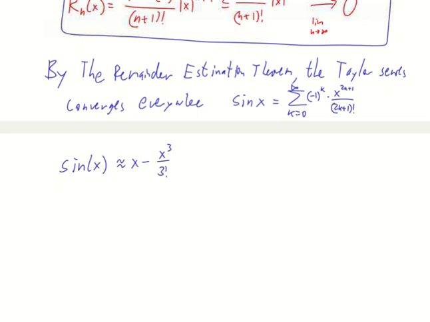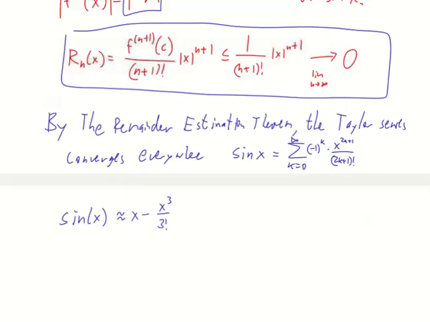Then we say the remaining part, that remaining piece, or let's write the remaining piece in, so plus R_n of x. That remaining piece we know is, in absolute value, less than 1 over n plus 1 factorial times x to the n plus 1.